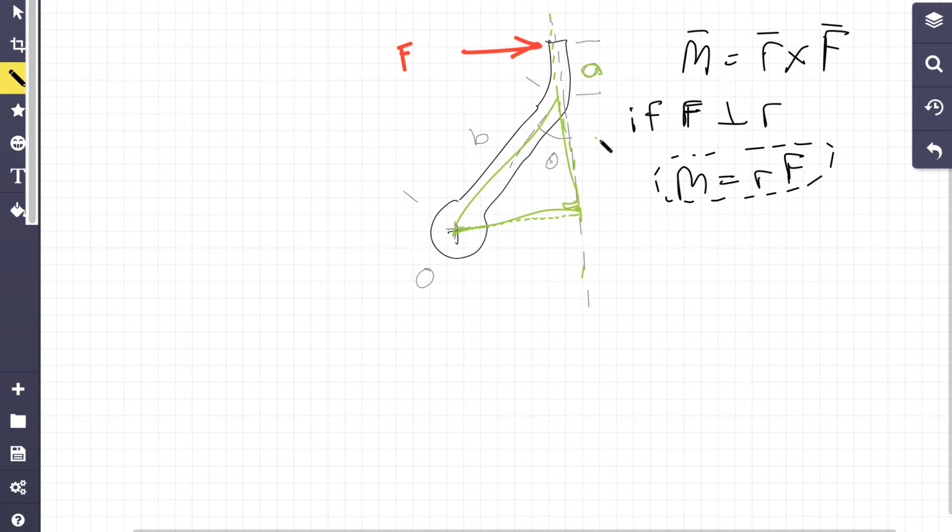With that, we can say that that is C. Furthermore, we can use this equation, M is equal to rF, because we know that F and r from here to here is perpendicular to each other.